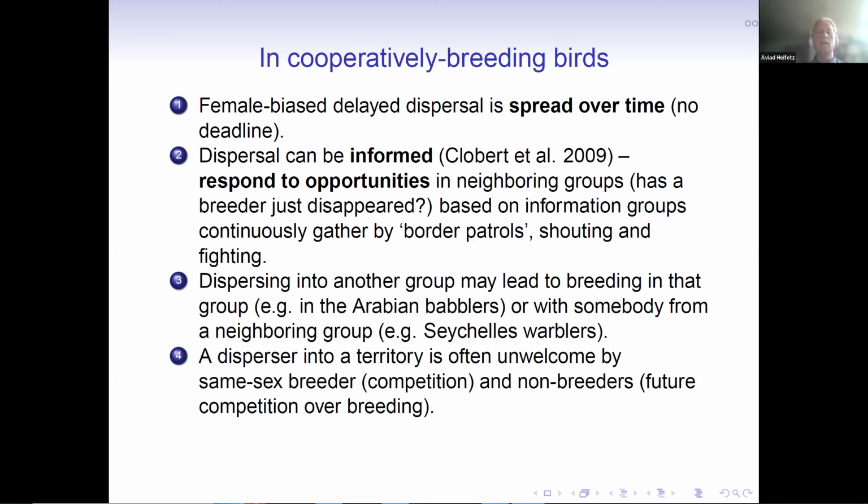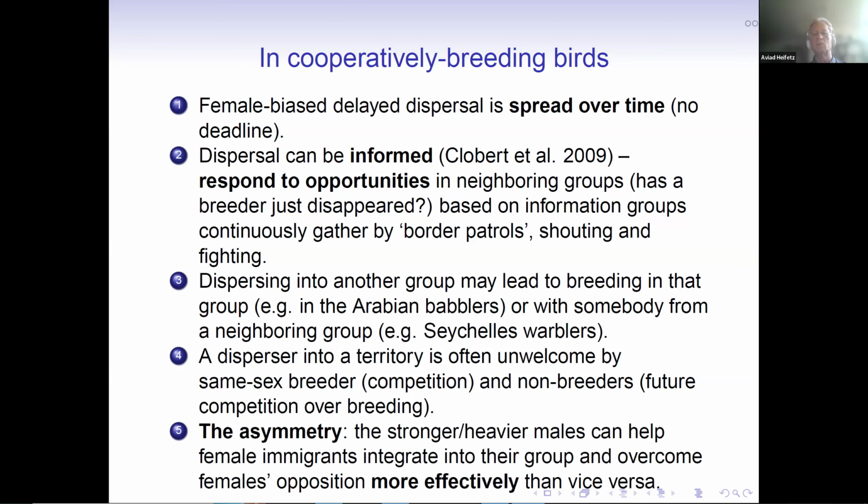And importantly, if I'm a male and I disperse into another group, then I will not be welcomed by the males there, because I'm competition for breeding. And likewise, females wouldn't be liked by the local females in the target group.